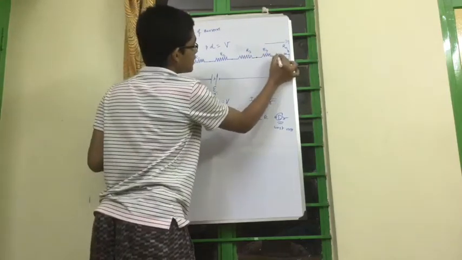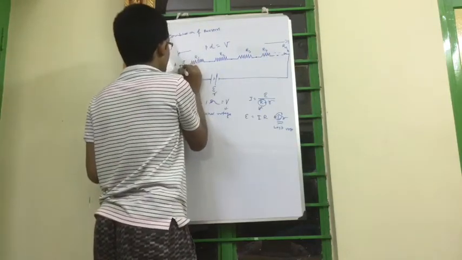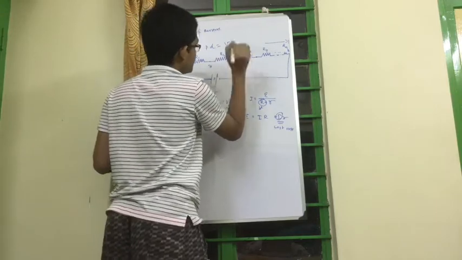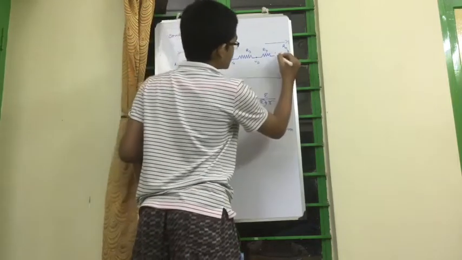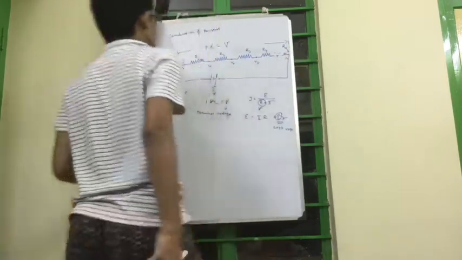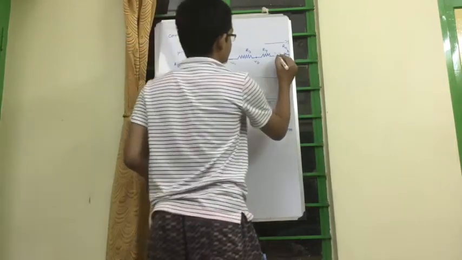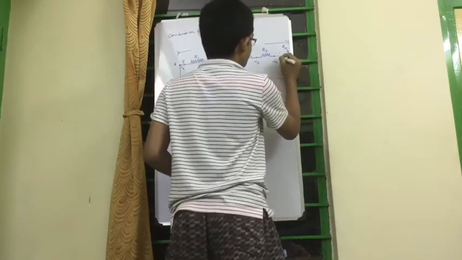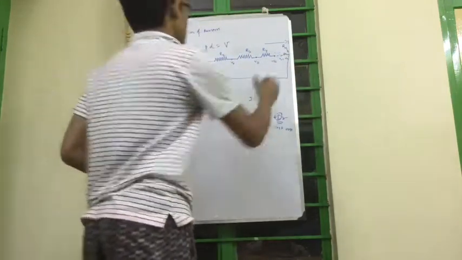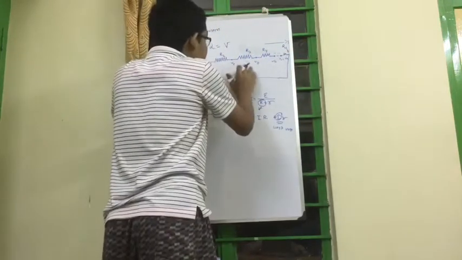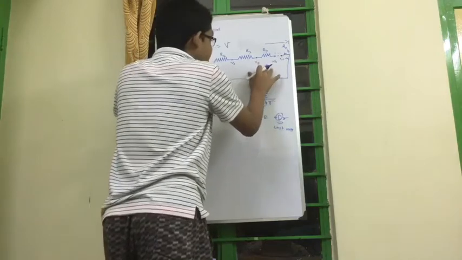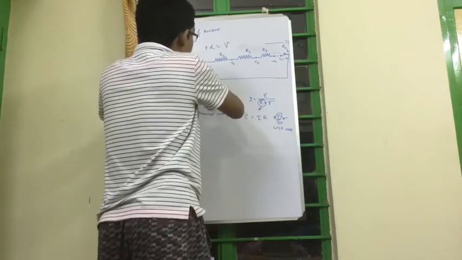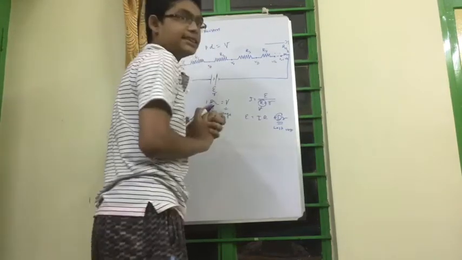I take some points at the resistors: VA, VB, VC, VD, and ultimately VN. Since these resistors are connected in series, a constant current flows through all these resistors.